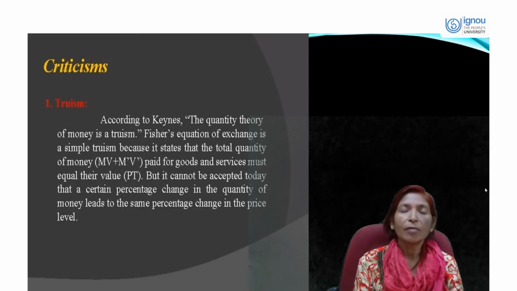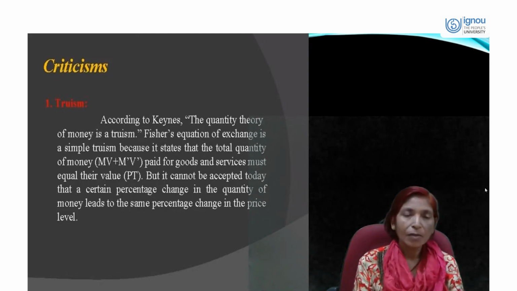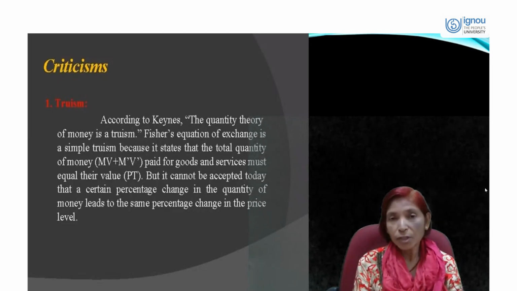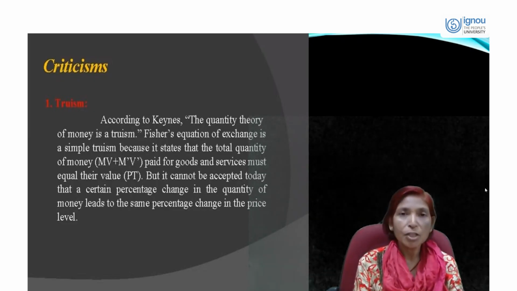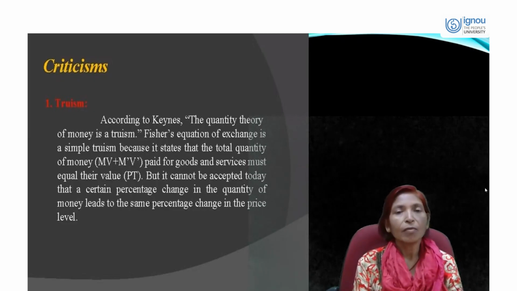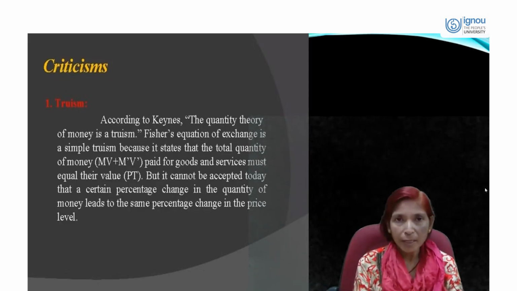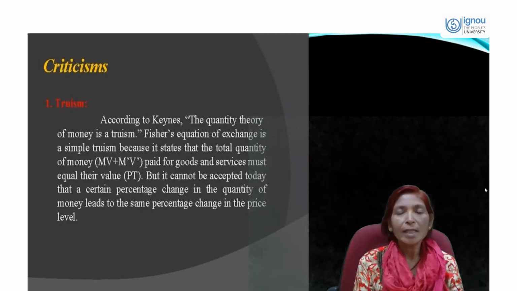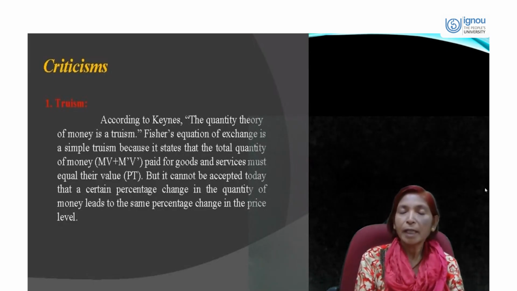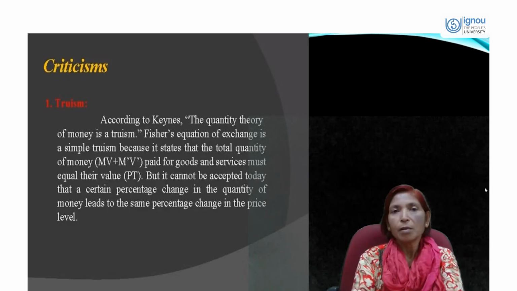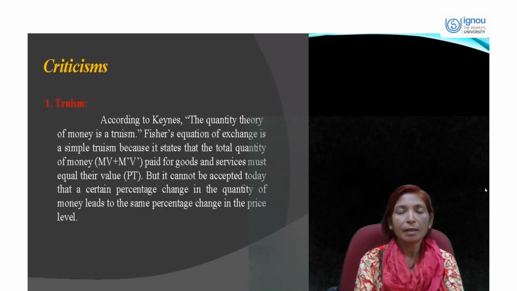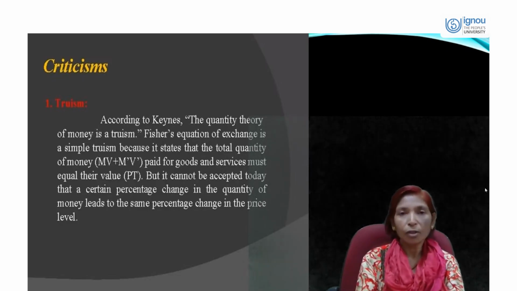That's why all the assumptions which Irving Fisher assumed to explain his theory were criticized by Cambridge University's economists, and so we can say that J.M. Keynes' theory is much superior to Fisher's quantity theory of money.